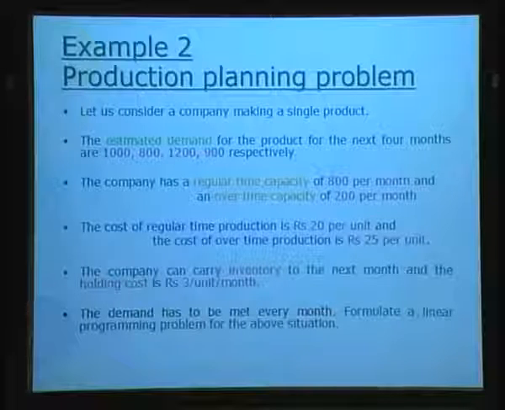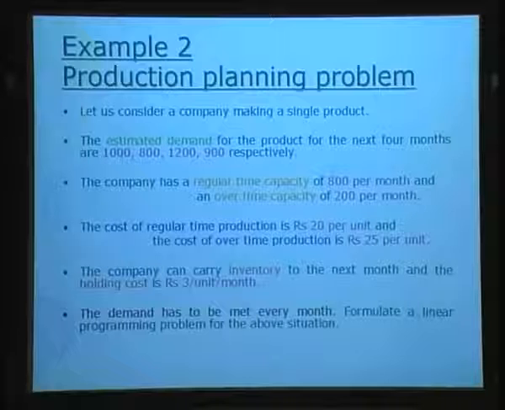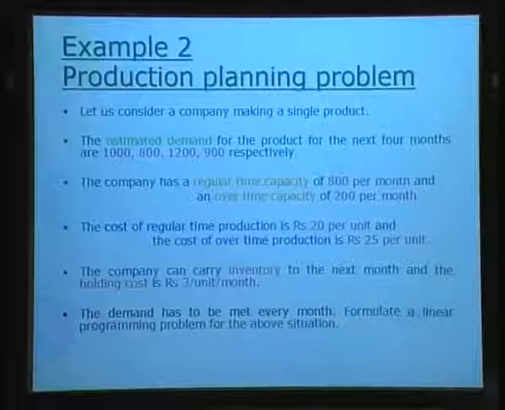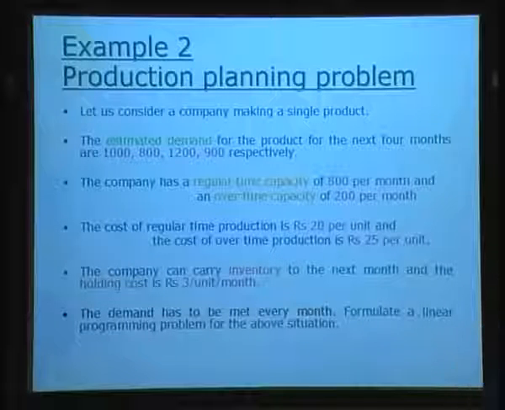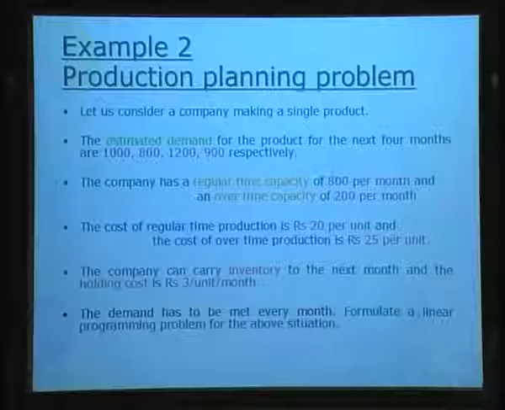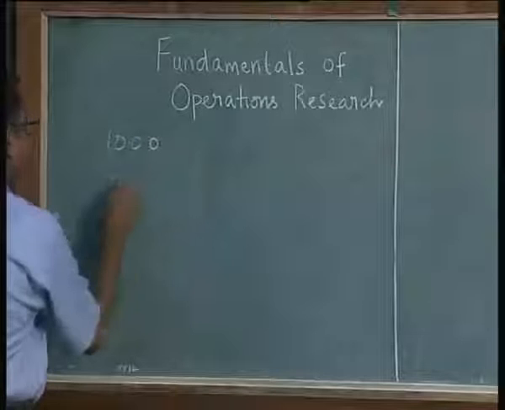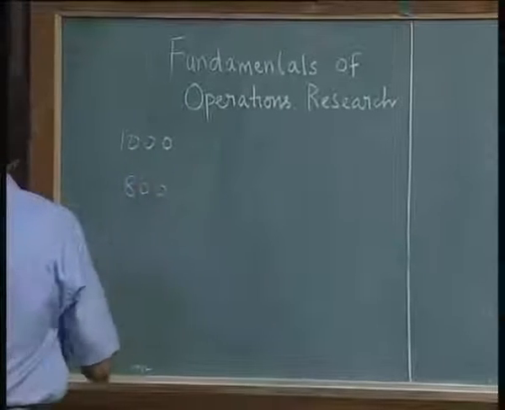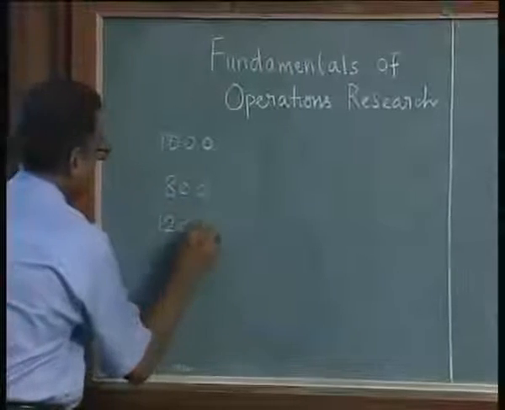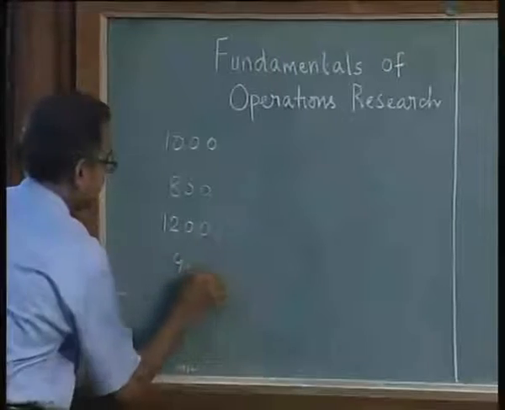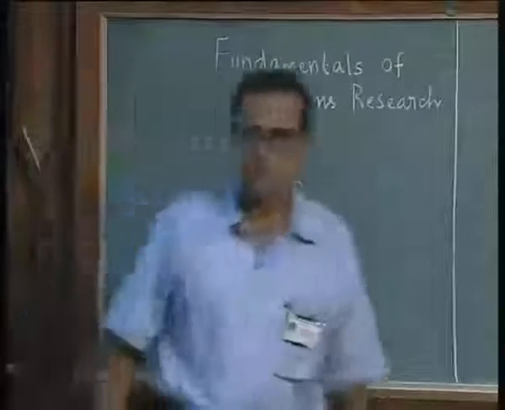Now, let us look at the second example, which is called a production planning problem, and the problem is as follows. Consider a company making a single product, where the demand for 4 months is 1000, 800, 1200 and 900 respectively.